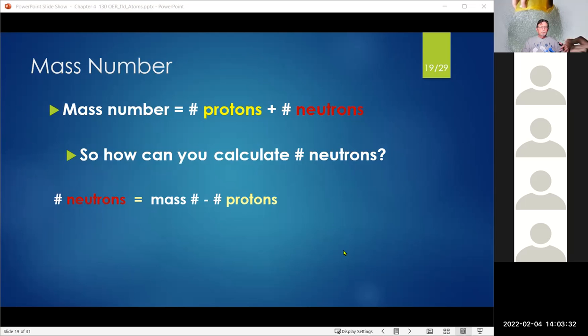When we're not given the mass number, we can assume that the mass number is the most common isotope, so we can go to the periodic table and just round the atomic weight to the nearest whole number, and that gives us the mass number. And we subtract the number of protons, and we got the number of neutrons.